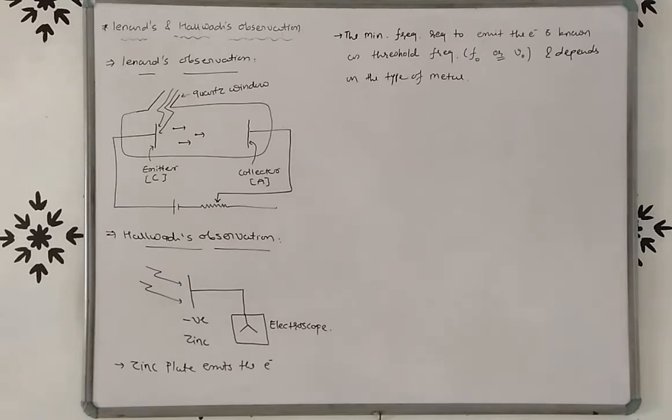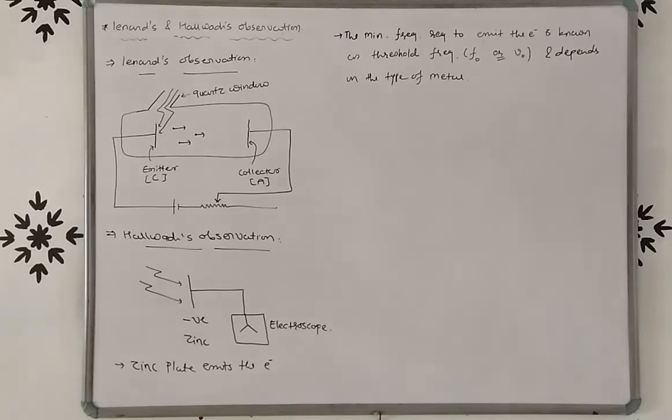type of metal. And you have to remember friends, for most metals like zinc, cadmium, magnesium, this threshold frequency lies in the UV region, having a short wavelength. Once again I repeat friends, for metals like zinc, cadmium, magnesium, the threshold frequency lies in the UV region, which has a short wavelength.